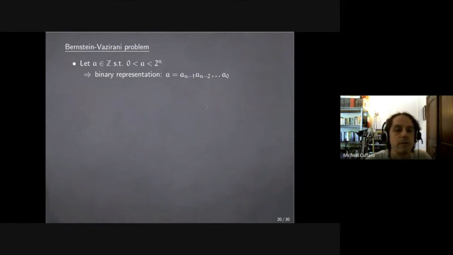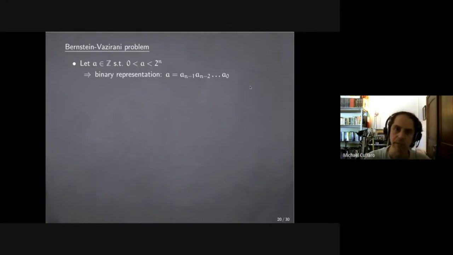We imagine we have some number a, which is an integer, and we imagine that a is between 0 and 2 to the n for some n. That means we can represent a as an n-position binary number: the (n-1)th, the (n-2)th, down to the 0th position.